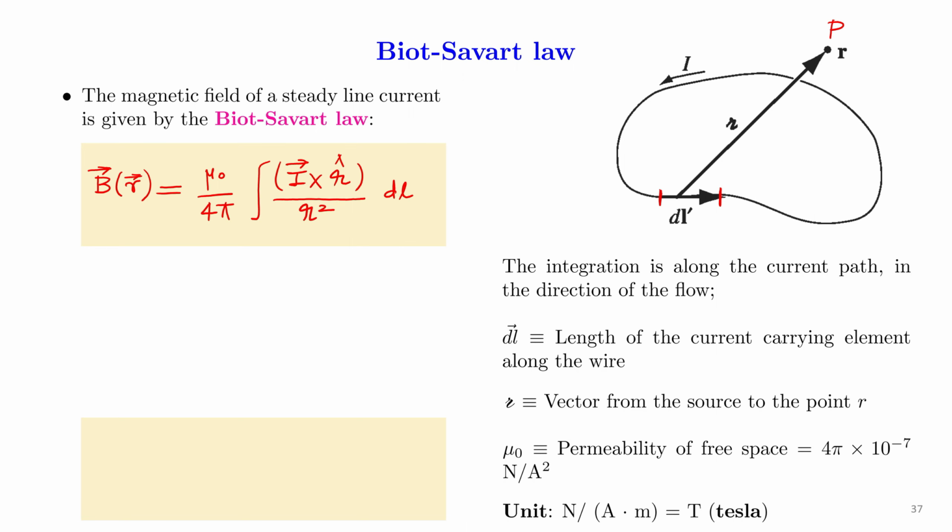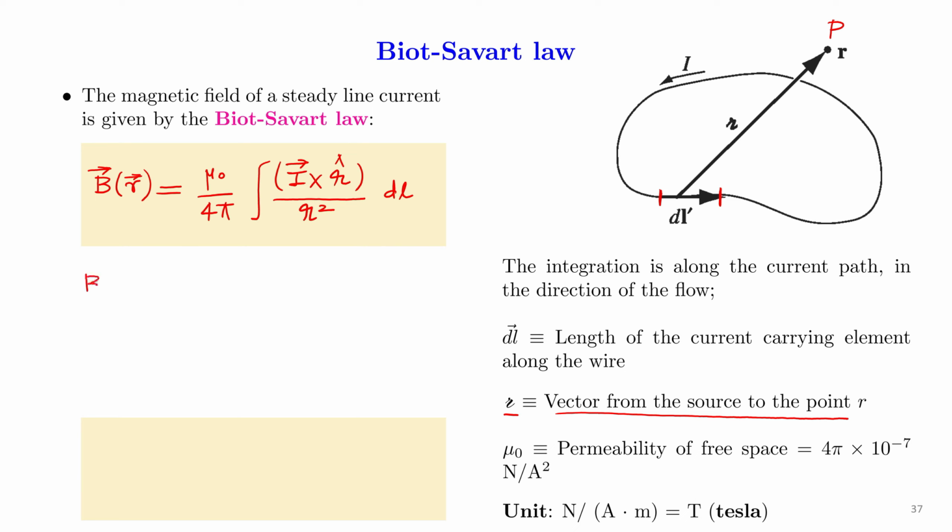This integration is along the current path in the direction of the flow, and dl gives us the length of the current carrying element along the wire. Script r is the vector from the source to the point r. Mu 0 is the permeability of free space, which is 4 pi times 10 raised to minus 7 Newton per ampere square. Therefore the unit of the magnetic field is Newton per ampere meter, which we denote as Tesla.